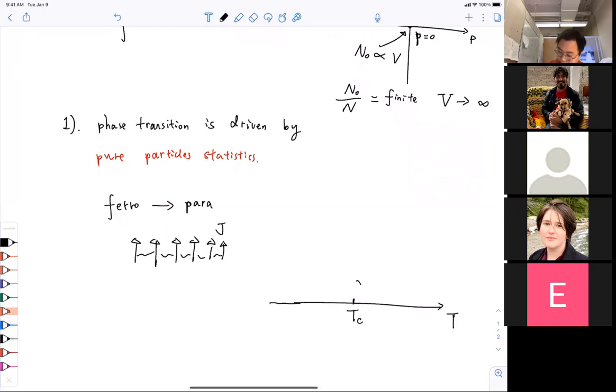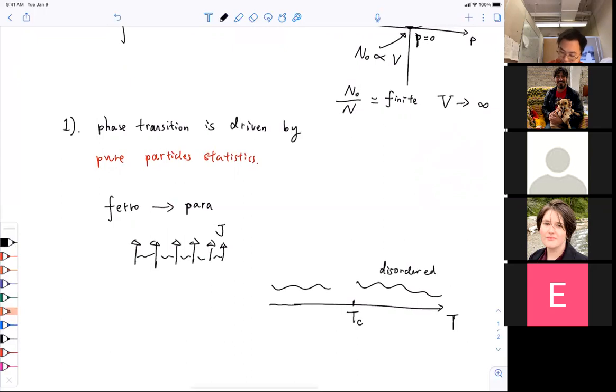Above this critical temperature, thermal fluctuation will dominate and it's a disordered state. In the lower temperature regime, the spins will be ordered, and it's ferro or antiferro. Assuming it's a ferromagnet, right? In this kind of phase transition, there's one crucial ingredient, which is the interaction between spins.